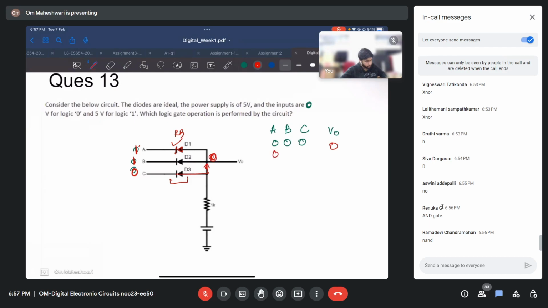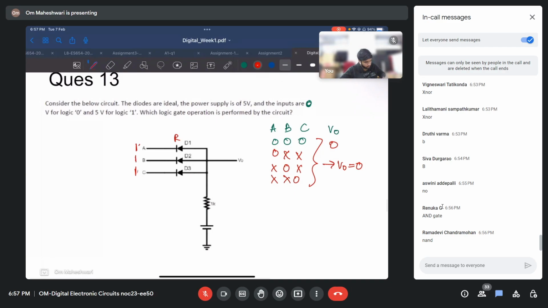So if any of these cases arise, whenever any one of the inputs is 0, V out will be 0. Let us say that is not the case and all of the inputs are 1. When all of the inputs are 1, this is reverse bias.